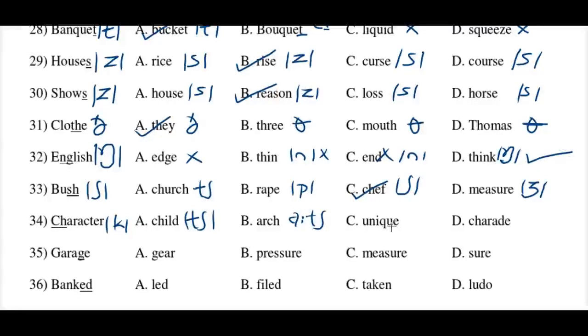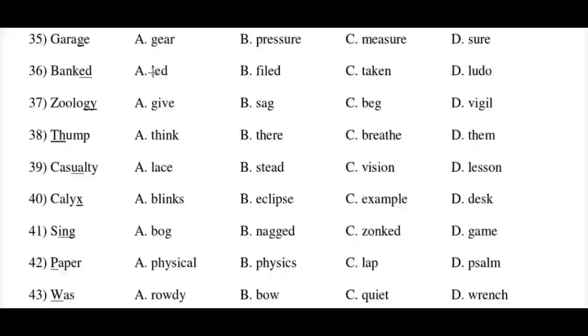Then C, we have unique. It contains k. Then D, we have charade. So this is sh. The only one that contains this k is unique, and that makes option C the correct answer. Question 35. Garage.